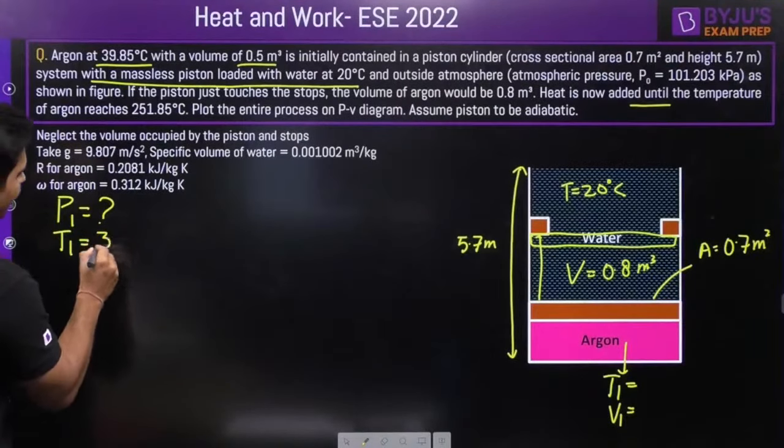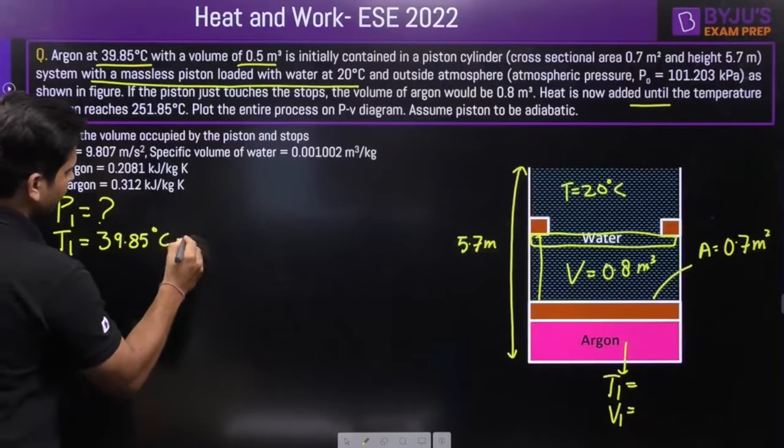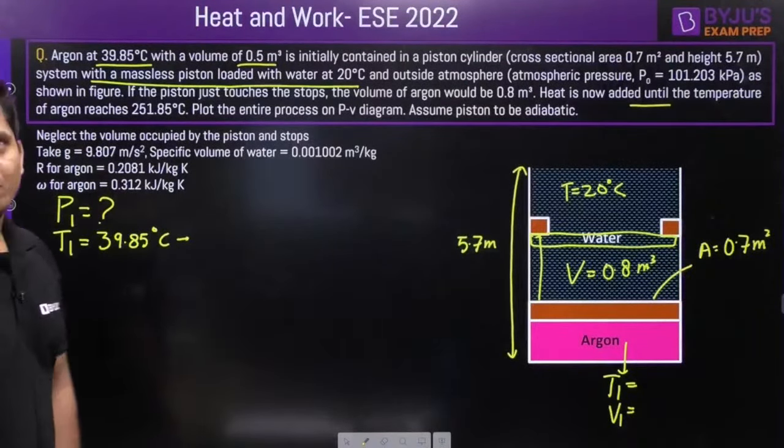T1 is 39.85. Tell me how much is it in Kelvin?